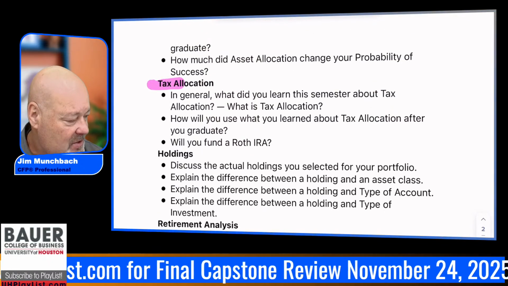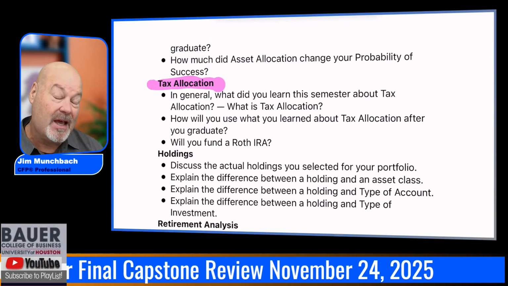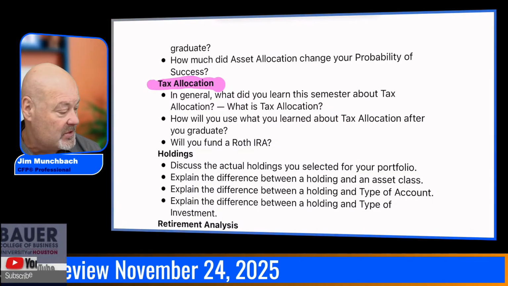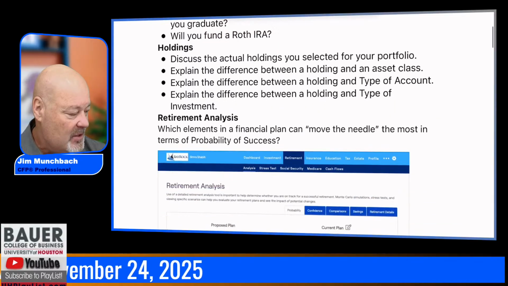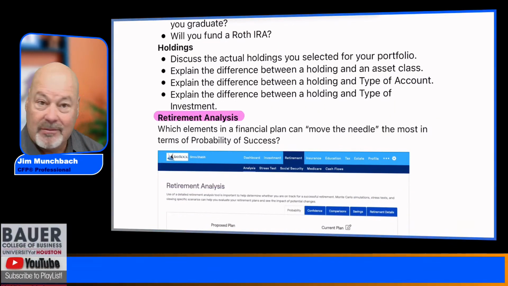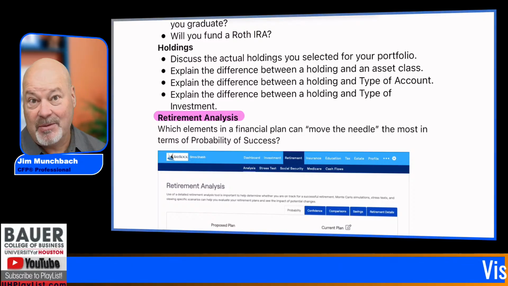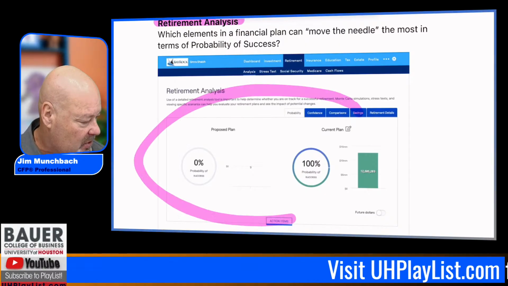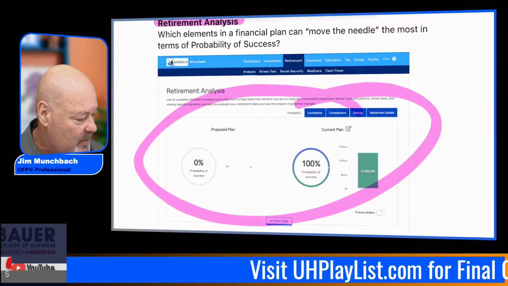Tax allocation. These are the elements that when I review to grade your capstone assignment, these are the things I jump right into. So one of the things we're going to look at is your retirement analysis.